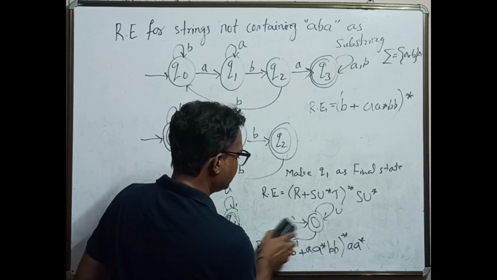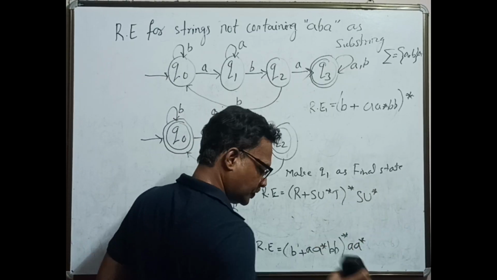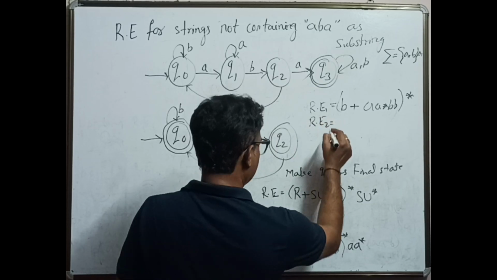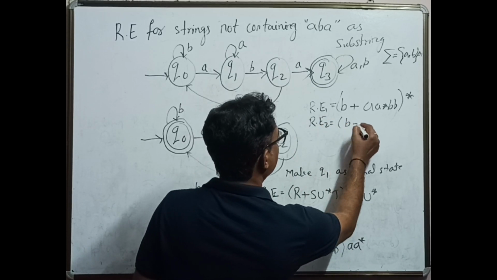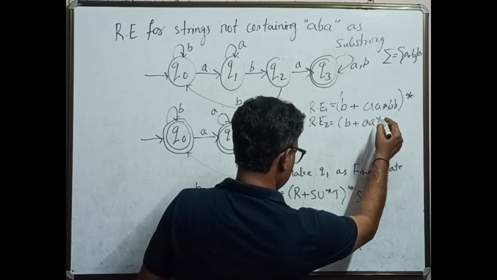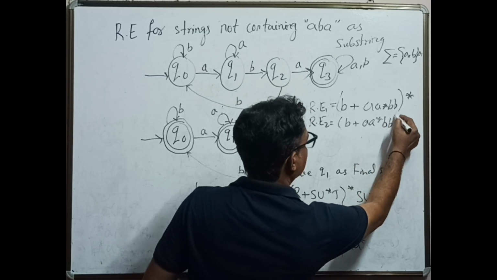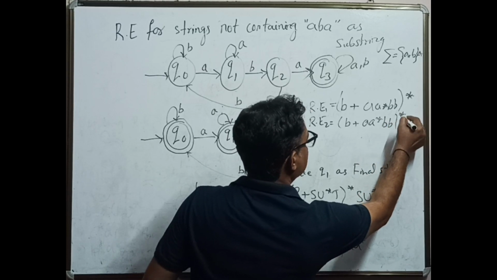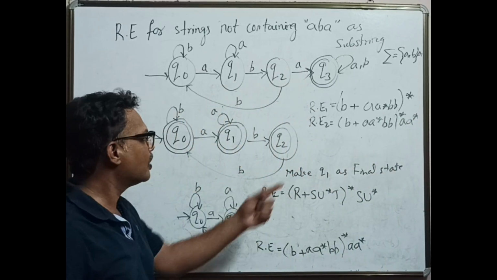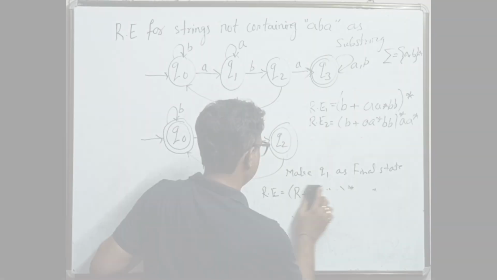Here is this part. And also, now I will put my regular expression 2 here. B plus AA star BB whole star AA star. So we got our second regular expression. Now let us move on to the next step.